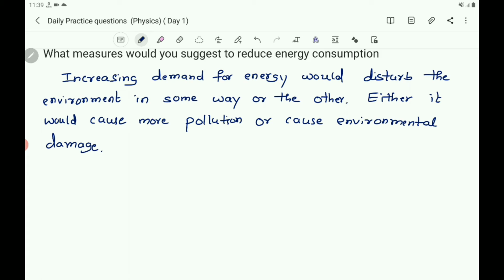Development and consumption of energy would go together.